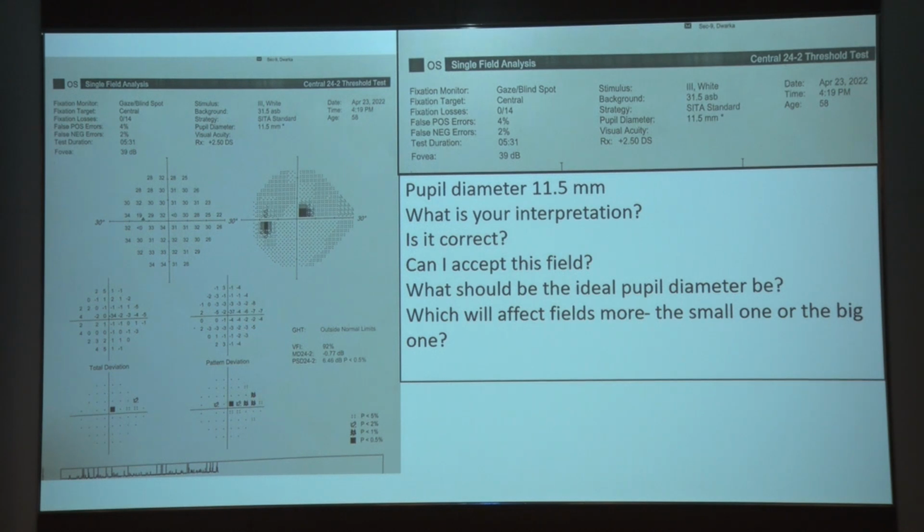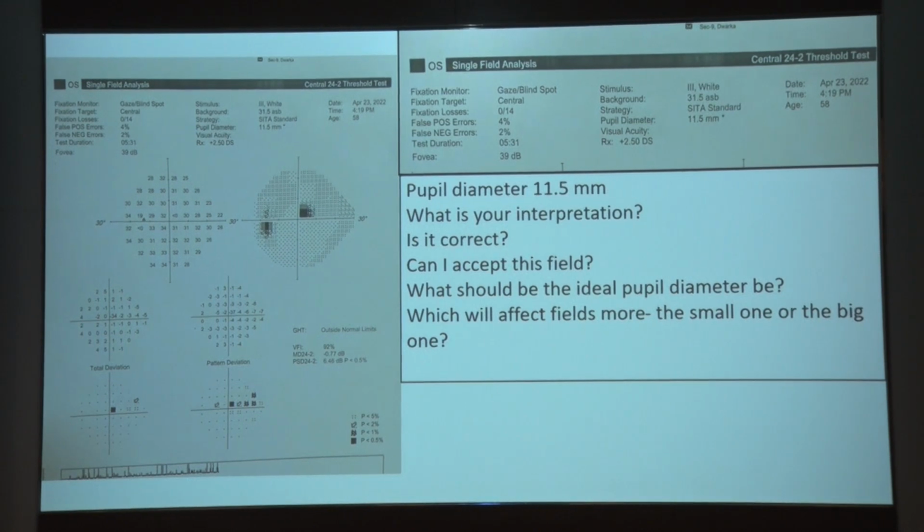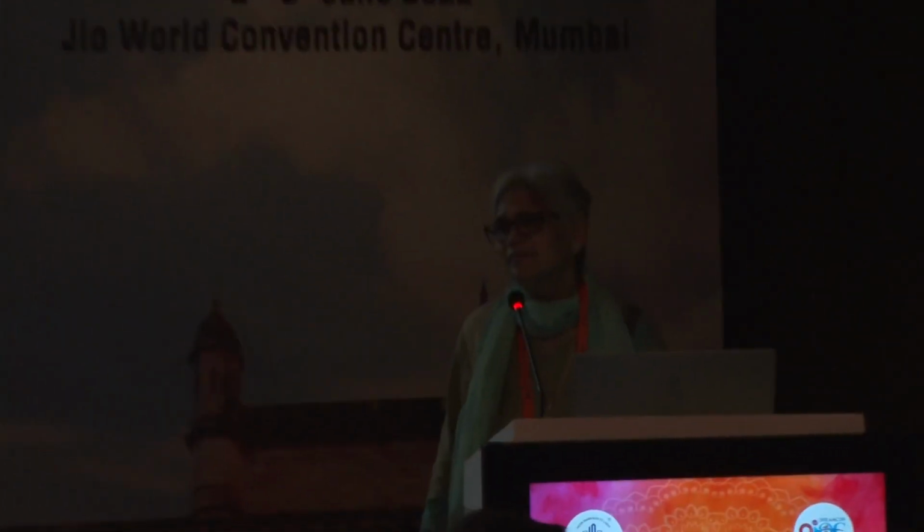What else is missing? Something missing up there. Visual acuity, perfect. Why do we want this visual acuity? Yes? One person, answer quickly. These are very small questions, very basic.